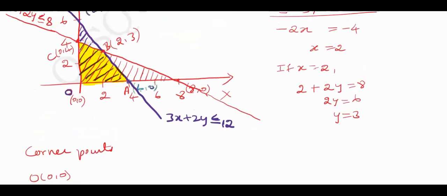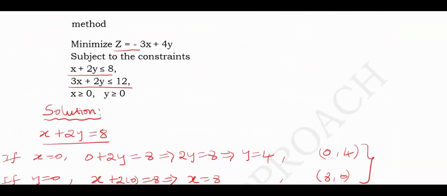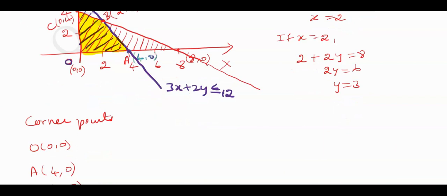Now we have the objective function, which is given in the problem, z is equal to minus 3x plus 4y. We have to find the value of this z at these corner points. First, at the origin, we have the value for z is minus 3 into 0 plus 4 into 0, which is equal to 0.